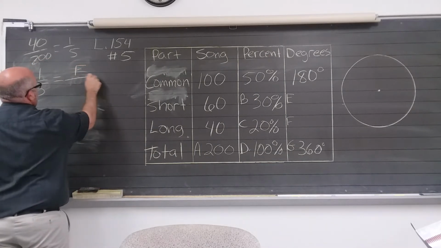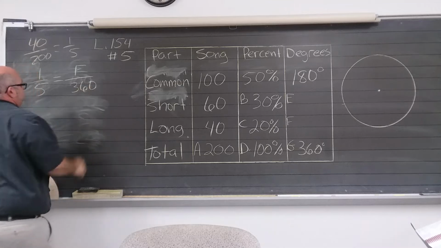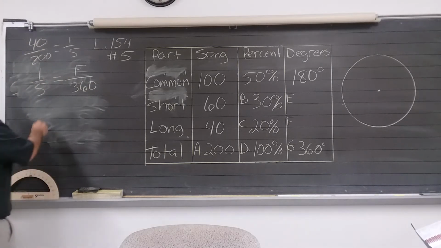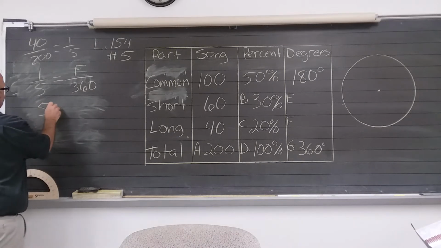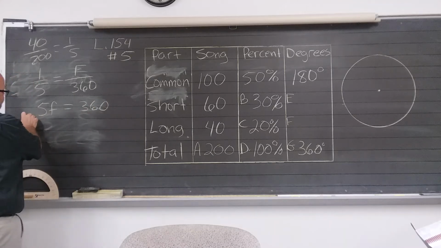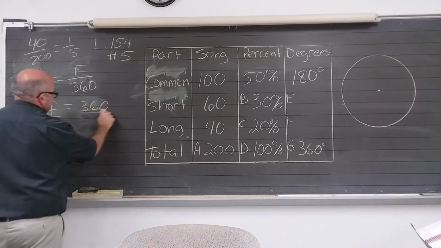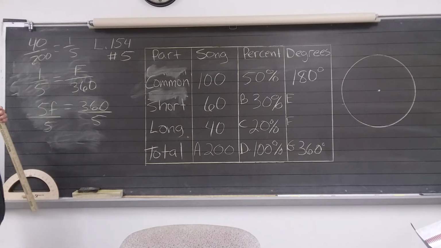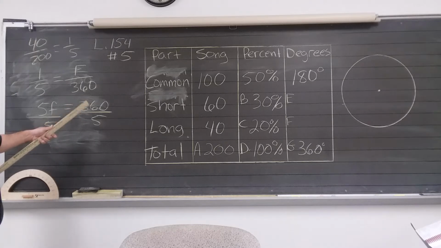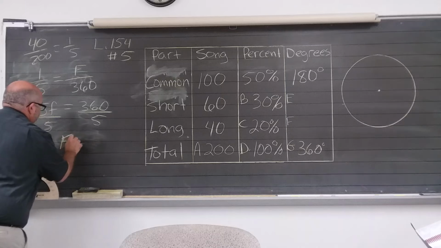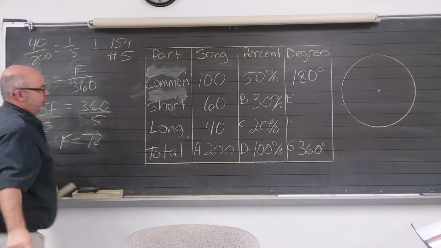All right, so we have 5F equals 360. 360 divided by 5. 5 into 36 is 7, that's 35. 10. 5 into 360 would be 72. F equals 72 degrees.